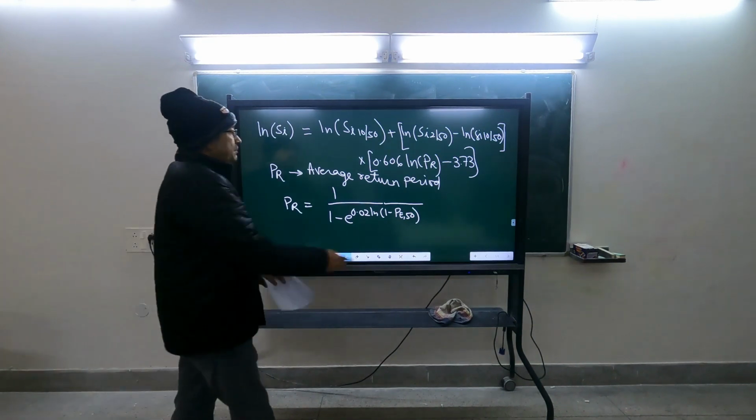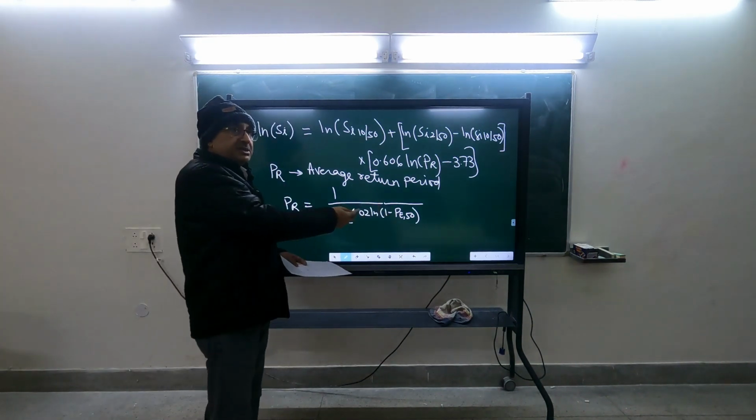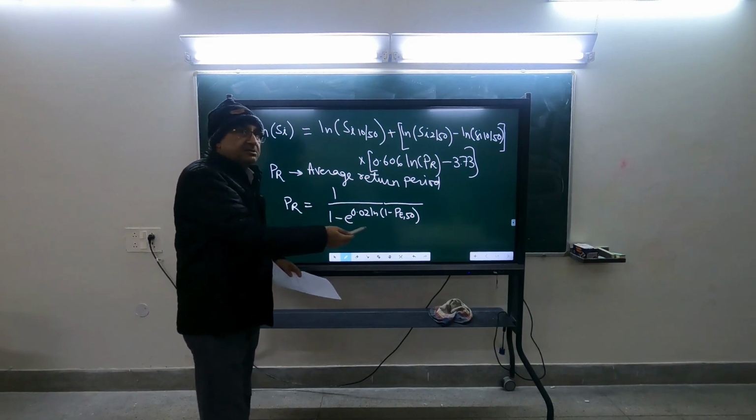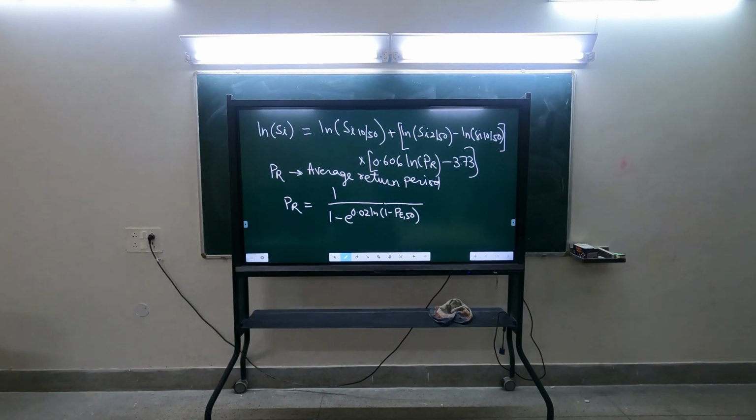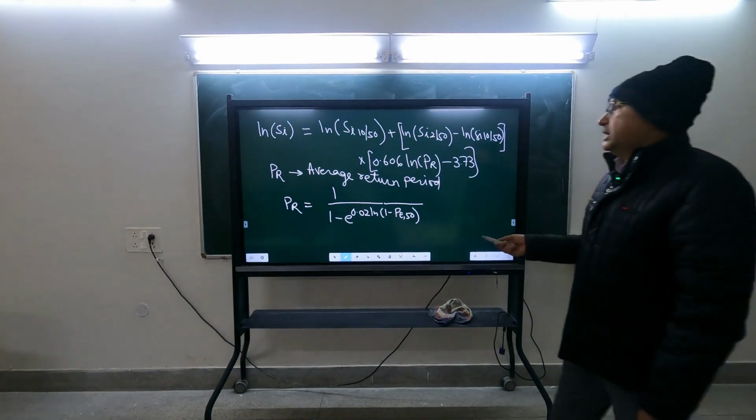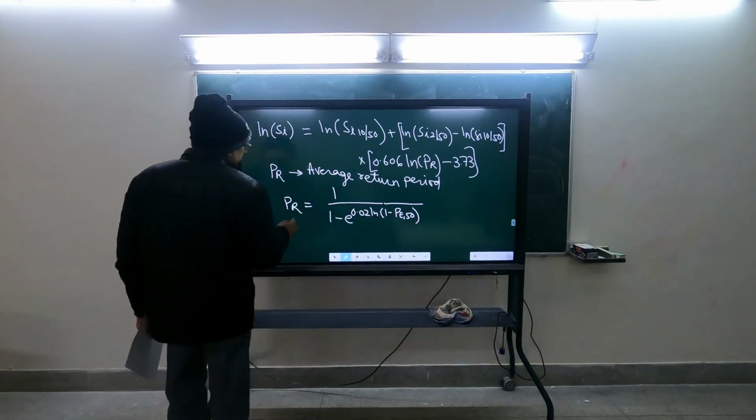Okay, so this P is 2%, 10%, it will be given in fraction. So 2% will be 0.02, 10% will be 0.1, okay? And then this will be the return period in years.